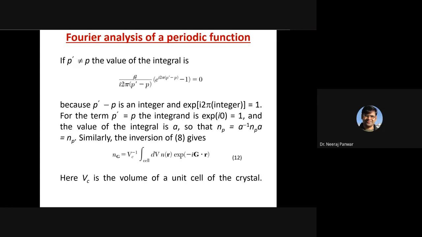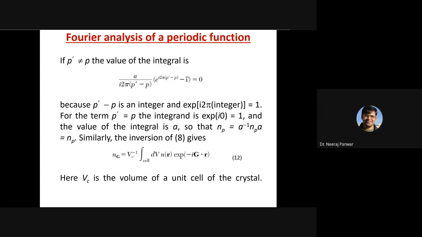So it will give us a upon i2π(p prime minus p) times e to the power i2π(p prime minus p) minus 1, and that would be equal to 0, because p prime is an integer, p is also an integer, their difference will also be an integer, and e to the power i2π multiplied by some integer is again always 1.